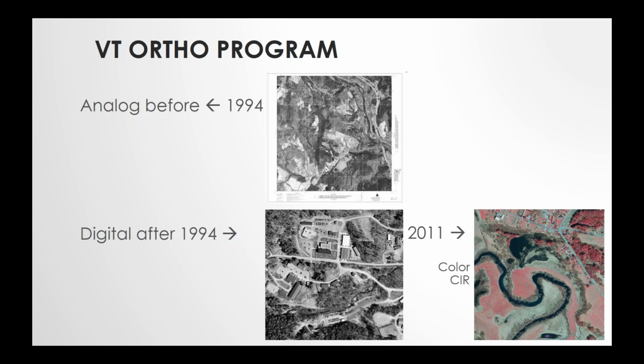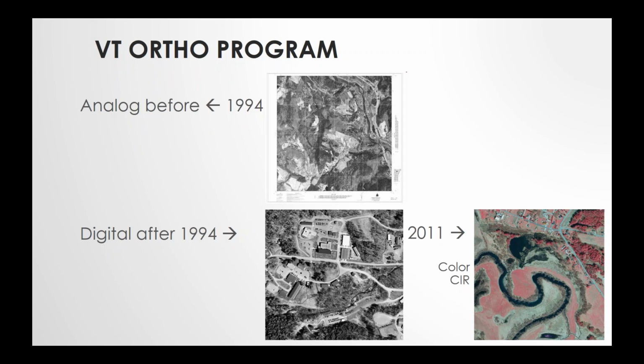Now, the imagery that was collected from 1994 until about 2000 was actually film negatives that were subsequently scanned and digitized and then made available in digital form. But from our image library, as you'll see from the data portal, you can get Vermont orthophotos starting from 1994 until the most recent being 2016.